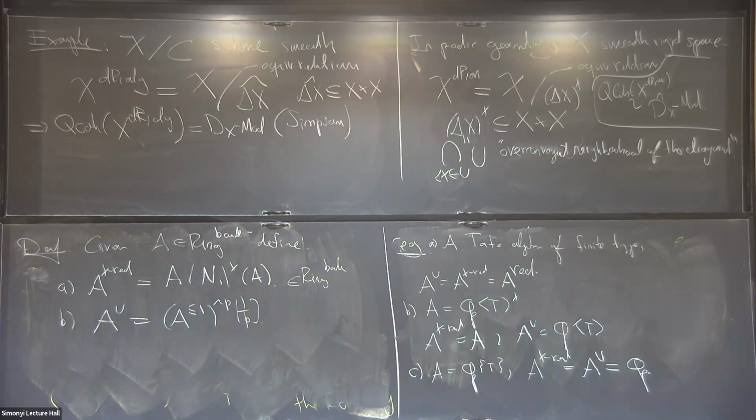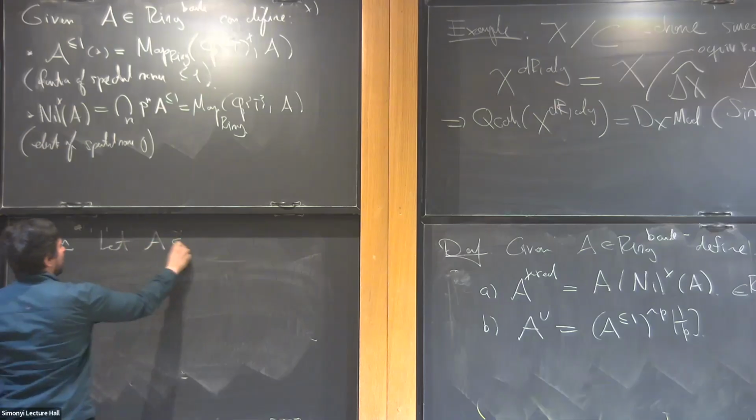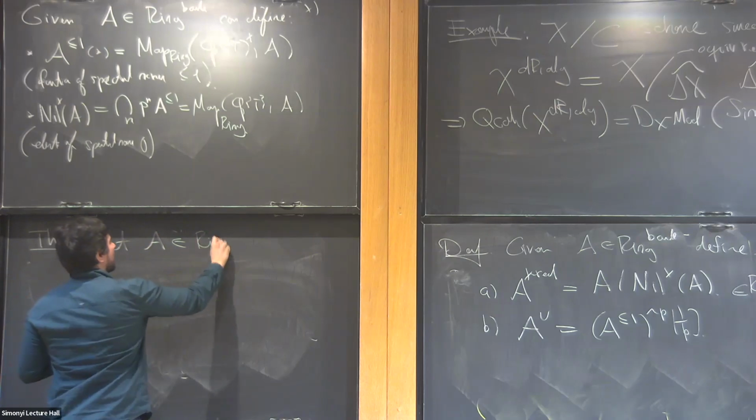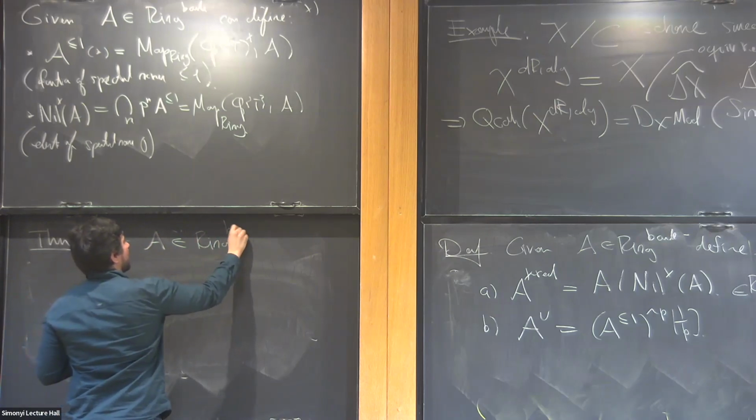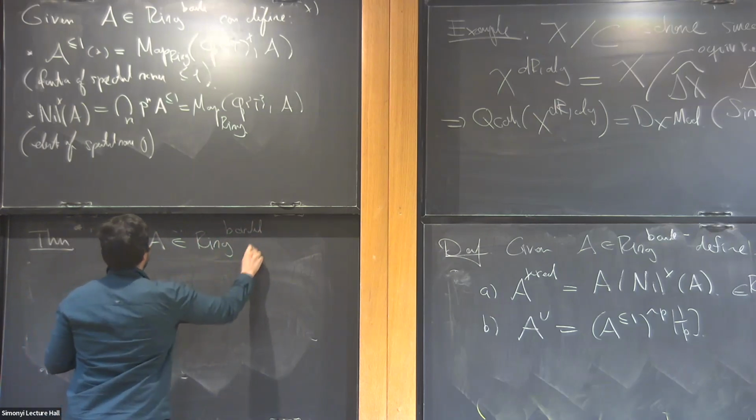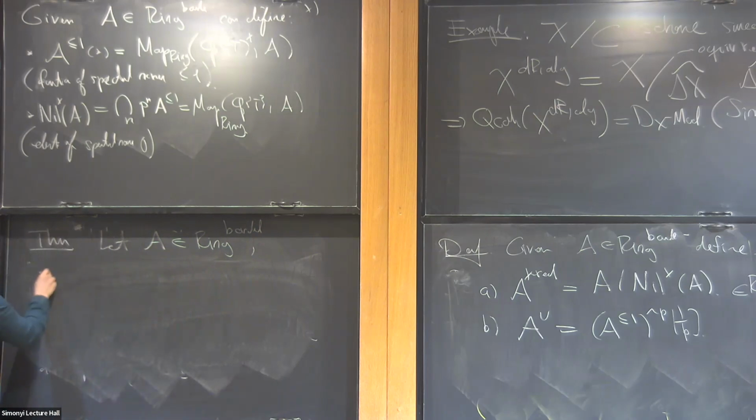So let A be bounded. And suppose it is, well, this is just a provisional name, and maybe just put in quotes, separable.